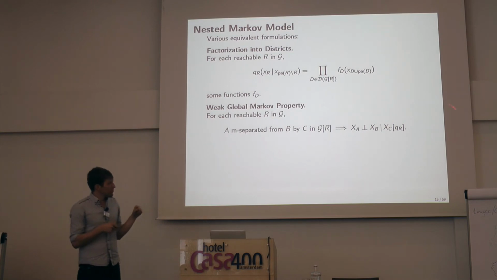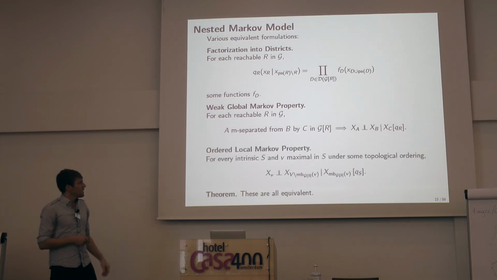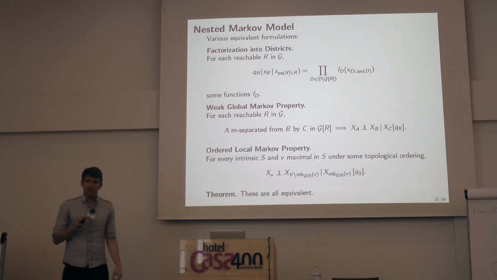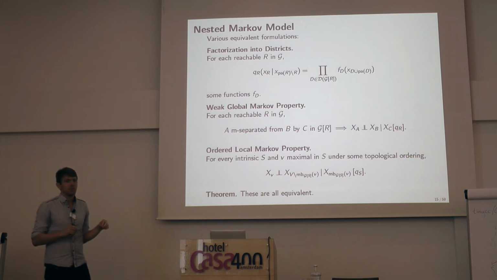I can also have a global Markov property, where I say for any reachable graph, if you get an m-separation in that graph, i.e. a d-separation, then you'll see an independence in the associated distribution for that graph. And you can also do a similar thing, a bit like the ordered local Markov property. So all these things behave pretty similarly to DAGs, and these results are all the same, just if you assume there is a factorization.